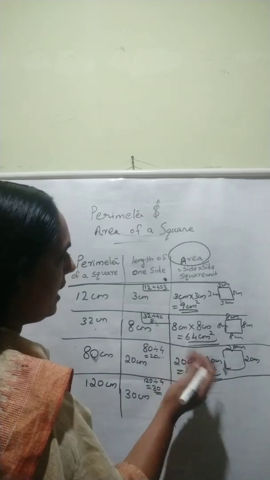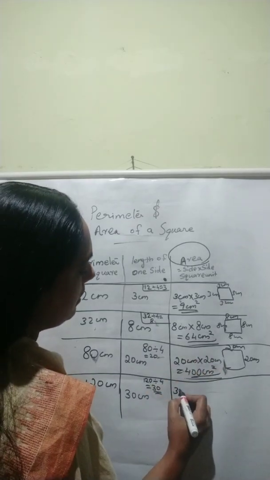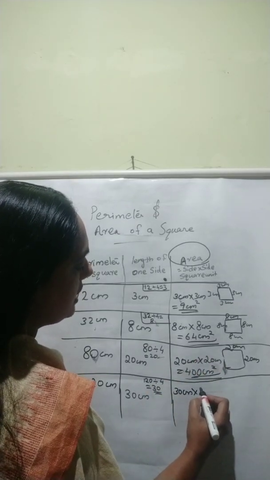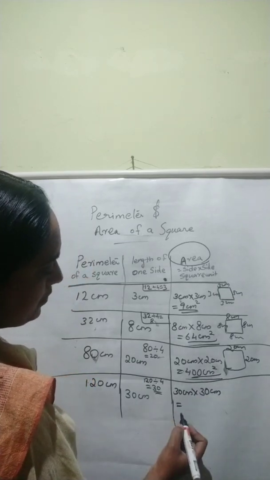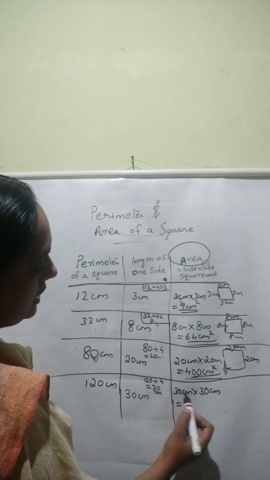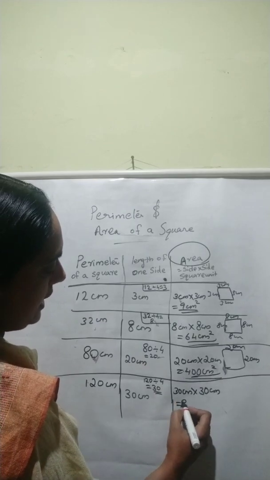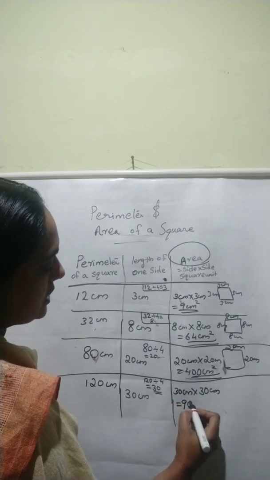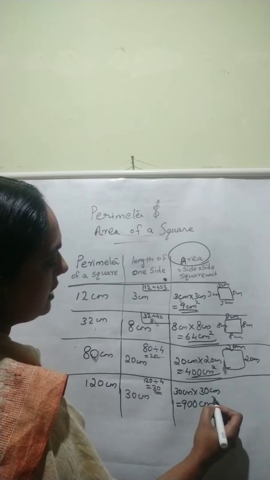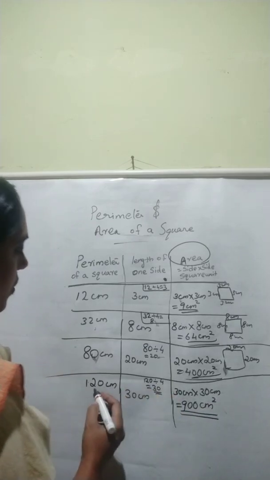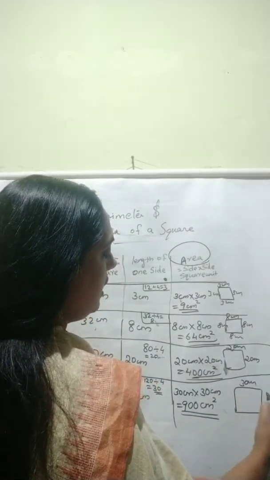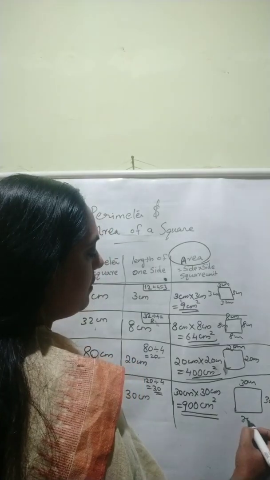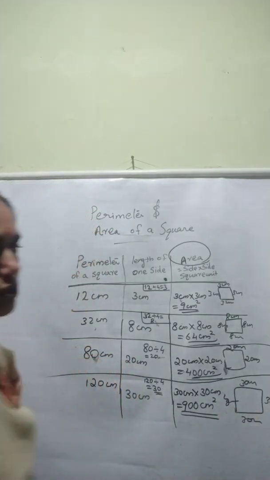Here we need to multiply 30 centimeter 2 times, that means 30 centimeter into 30 centimeter. 3 into 3, 9, and then 2 zeros are there. That much square centimeter is the area of this shape. So here one side will be 30, here also 30, here also 30, here also 30.